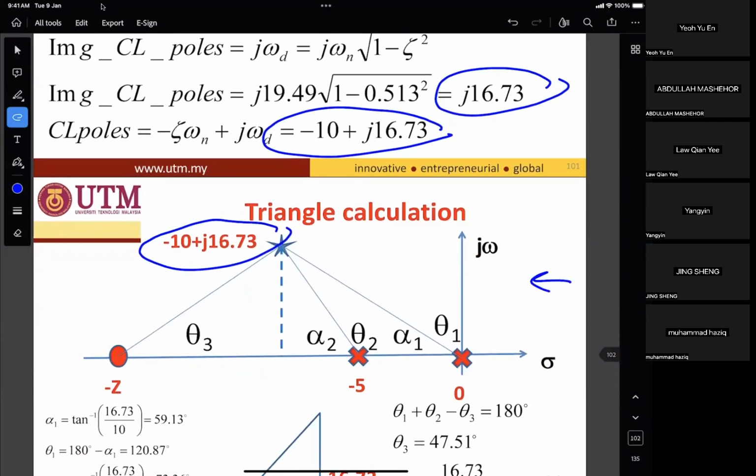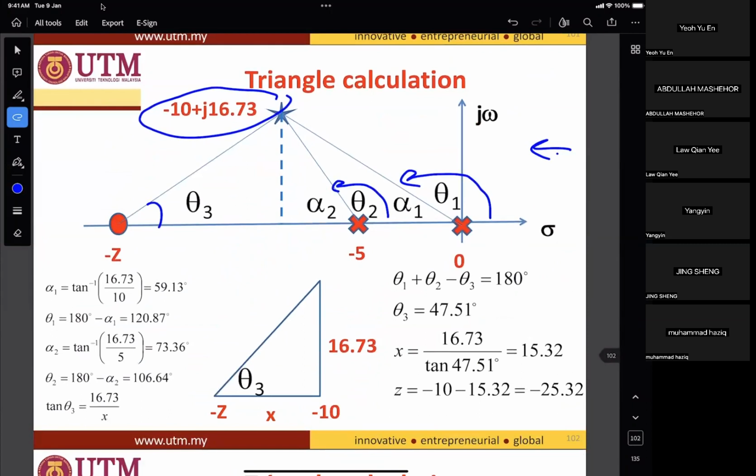Okay, sketch. Theta 3 is due to the zero. Theta 2 is due to the pole at -5, and theta 1 is the angle due to the open loop poles. Okay, do the calculations. Alpha 1, which is this one, 180.